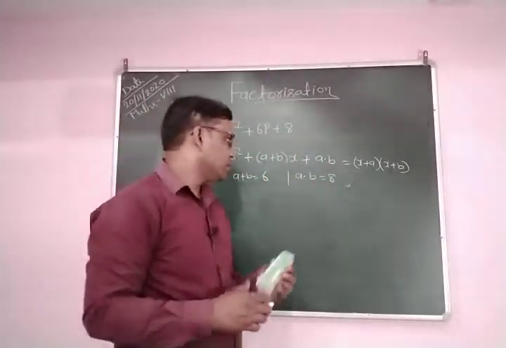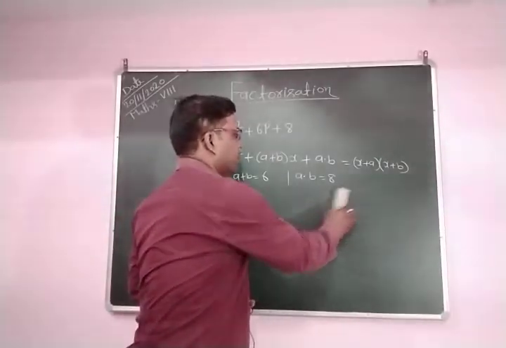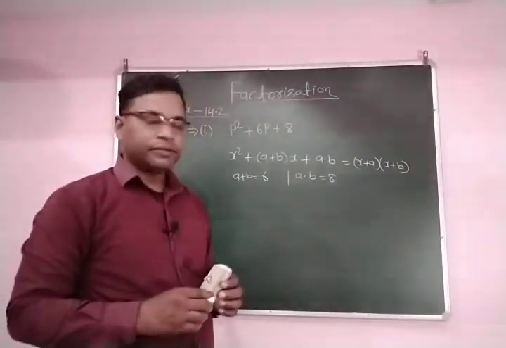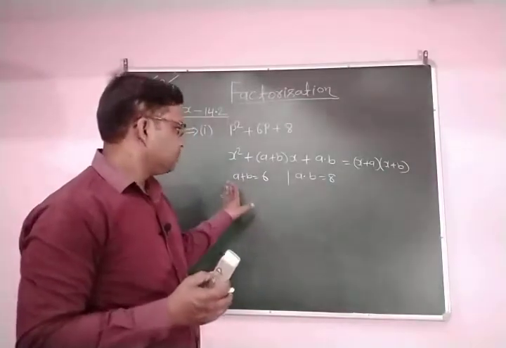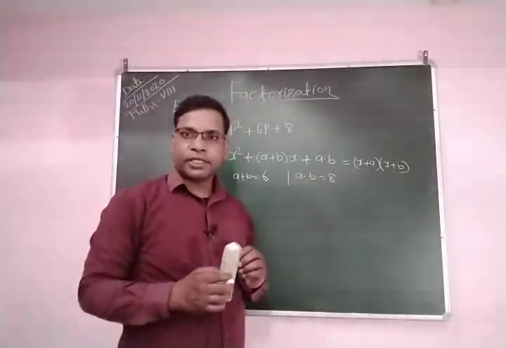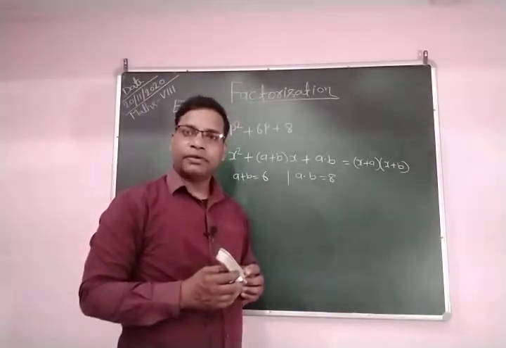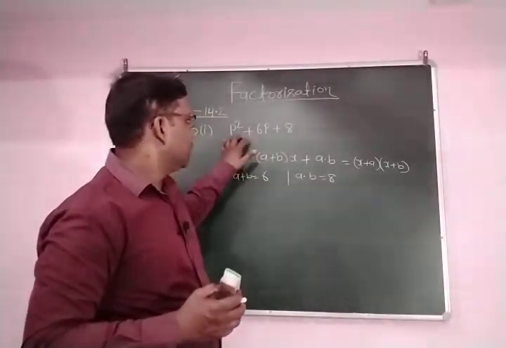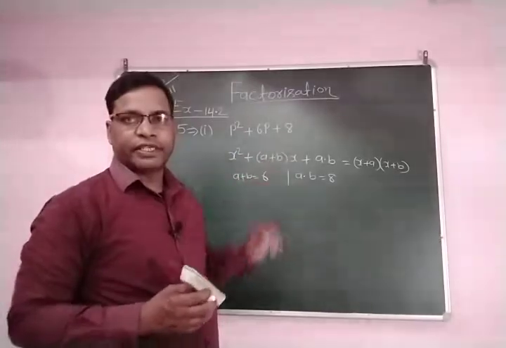Okay, so you can see, if you find the values of a and b such that their sum is 6, it means that we find the factors of 8 such that their sum is 6, then we can find the factorization of the given expression.